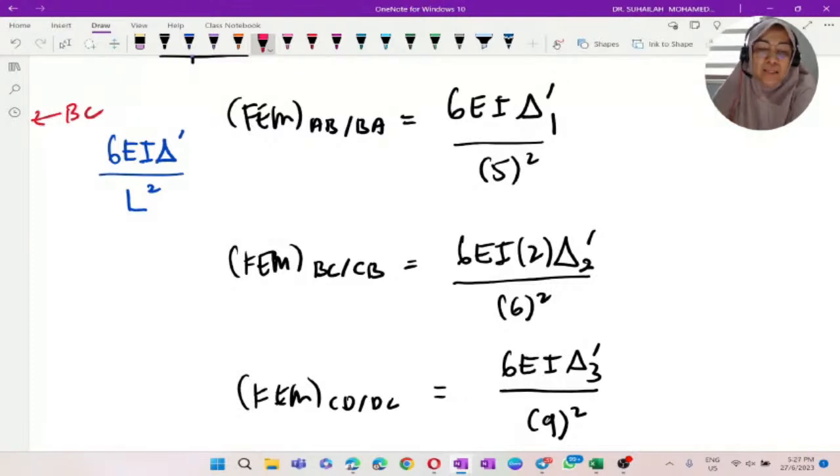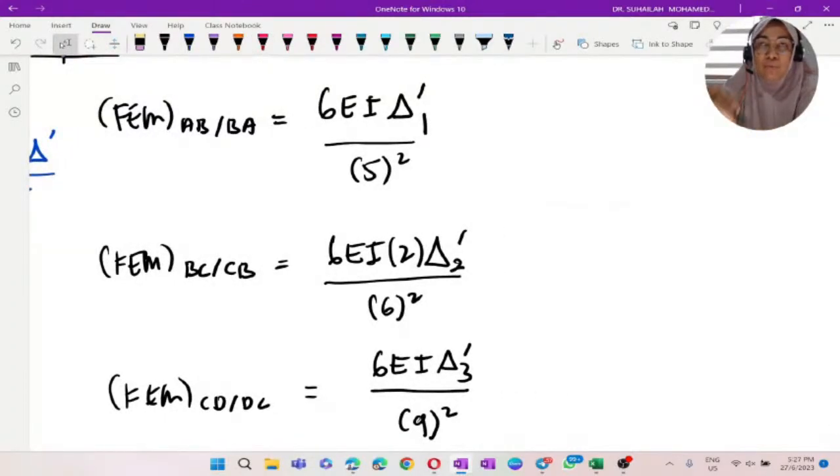Okay, let's say we choose member AB. We choose to assume FEM for member AB. For member AB, the moment that we assume is negative 100. This is the value that we assume.